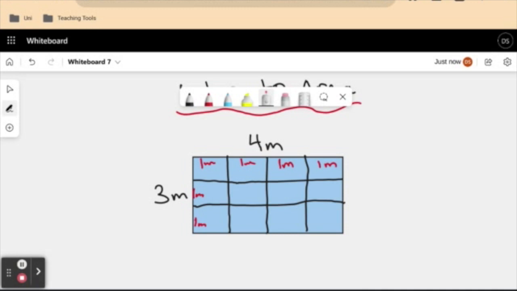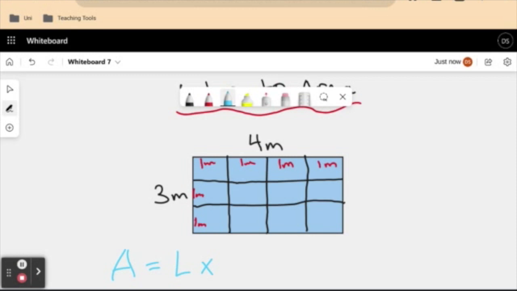So to formalize this, I'm going to say our A for area equals the product of the two dimensions. So here 4 was our length, so we say our length multiplied, the 4 was our width.